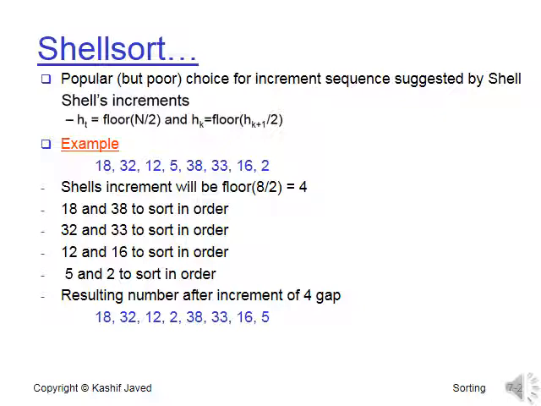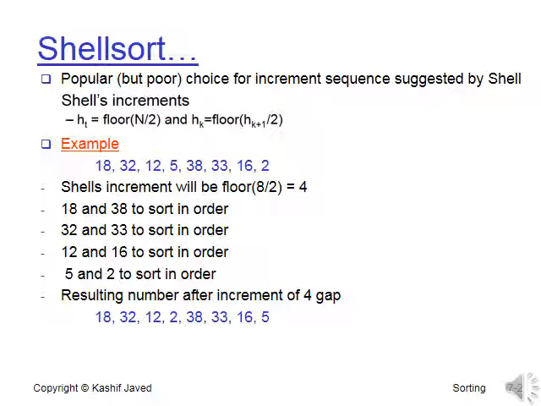We will look at 18 and 38 and sort in order. 18 and 38 stay at their current positions because they are in order. Then we will look at 32 and 33 and sort in order. Again, 32 and 33 stay at their current positions.